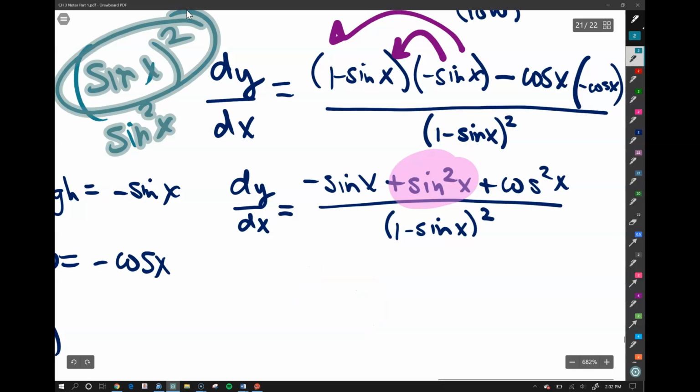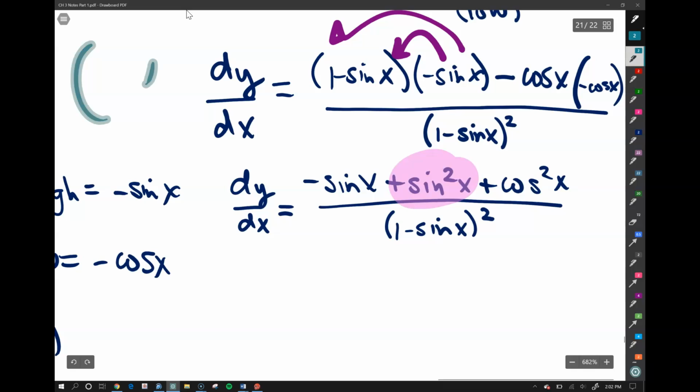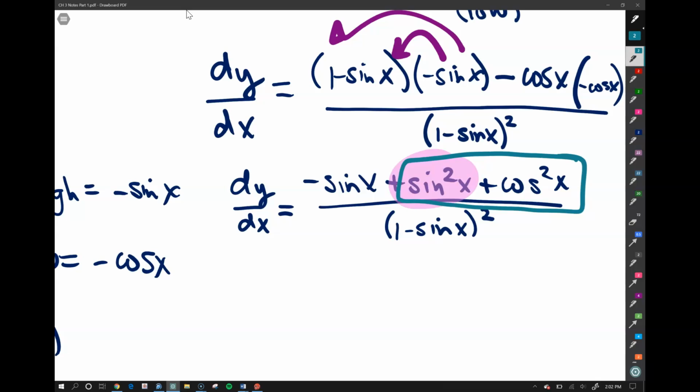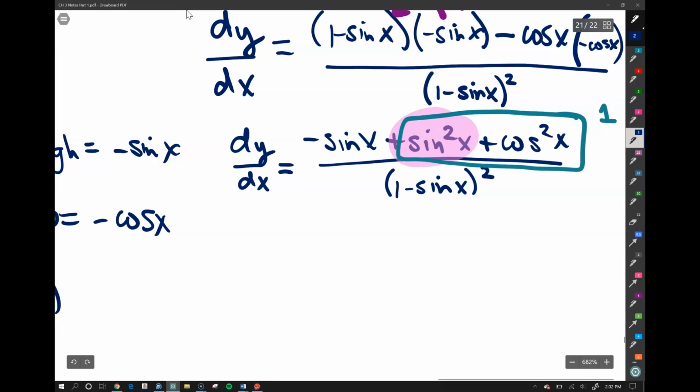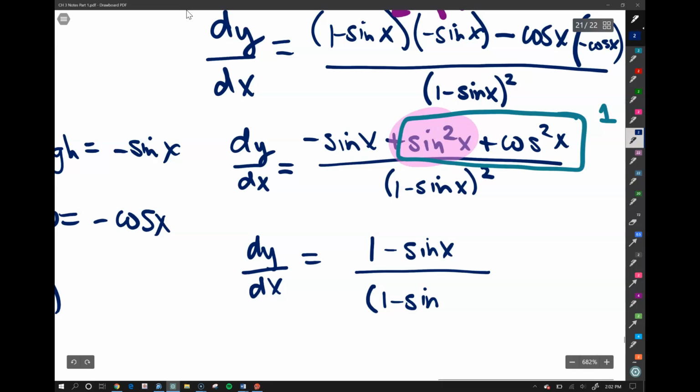Okay, how much of chapter 5 of pre-cal do we remember? Sine squared x plus cosine squared x is 1. Pythagorean identity. So the numerator is 1 minus sine x over 1 minus sine x squared.